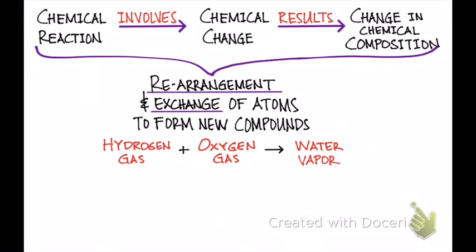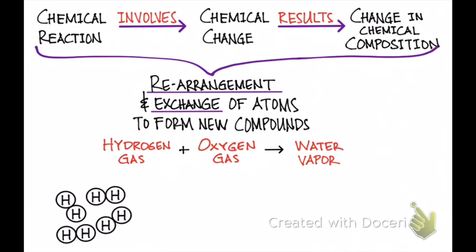Here's an example. Hydrogen gas reacts with oxygen gas to form water. This is basically a combustion reaction. Hydrogen gas is burnt to form water. Both hydrogen gas and oxygen gas are diatomic molecules, meaning they are molecules containing 2 atoms.